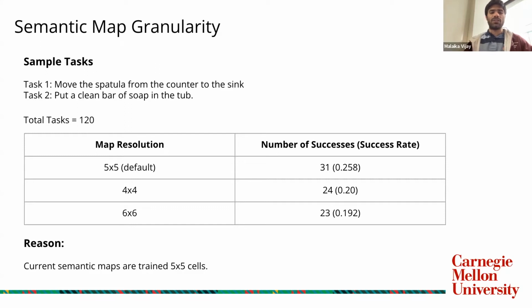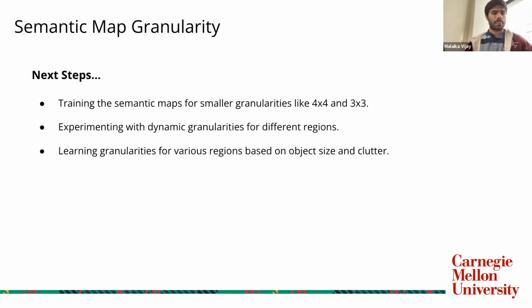And our hypothesis is that this is because currently the semantic maps are trained on 5x5 granularity cells. We expect that by modifying training to incorporate other levels of granularity, we'll be able to improve on this performance, particularly for cluttered regions where objects are close by and smaller granularities should intuitively work well.